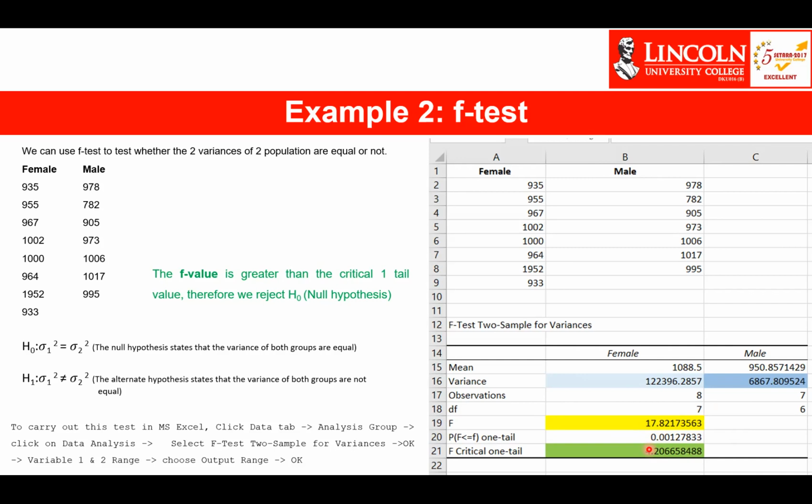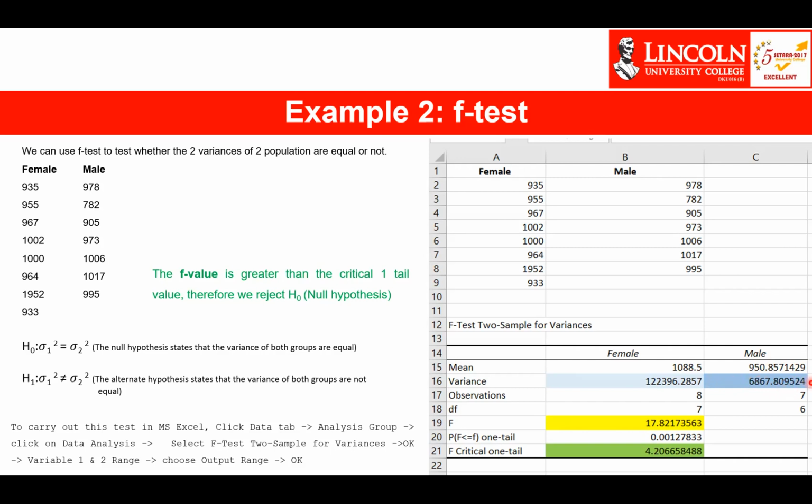And if you want to look at it, this is the mean for female. This is the mean for males. This is the variance for female, which is 122,396.2857. And this is the variance for male, which is just 6,867.809524.